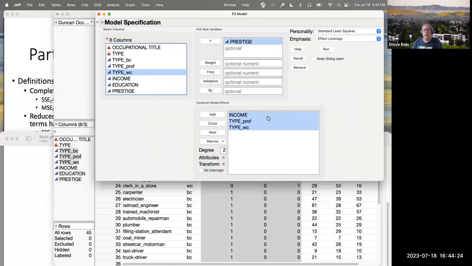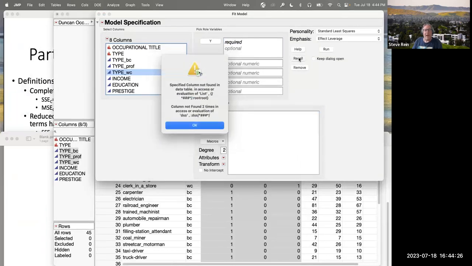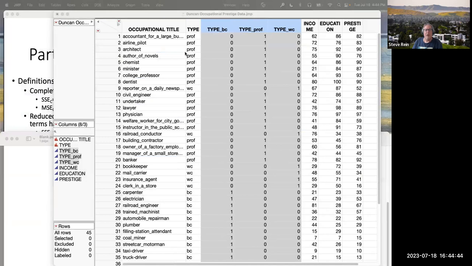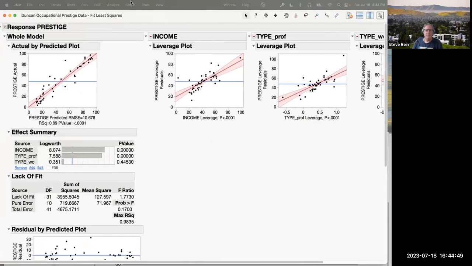Let's run this model, and let's hit run. Okay, so income is predicting prestige, and we are going to have professional and white collar as the dummy variables against the reference group. Run that analysis. If you will, this is a complete model.